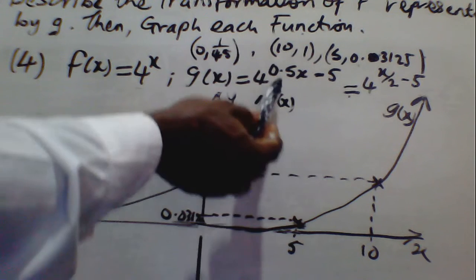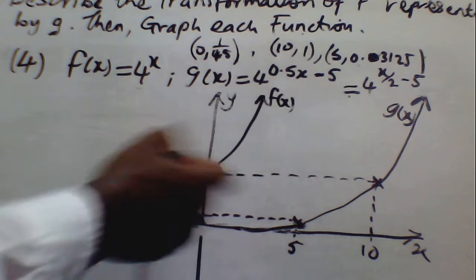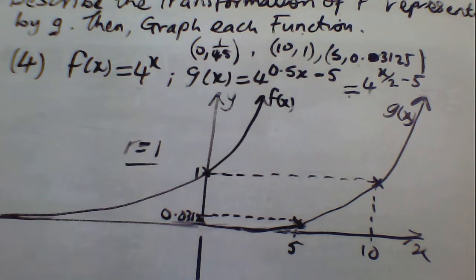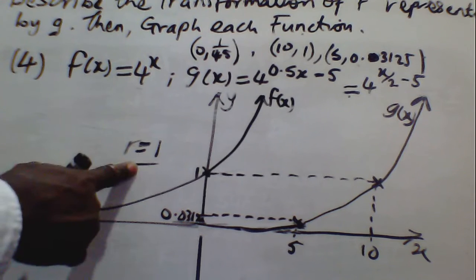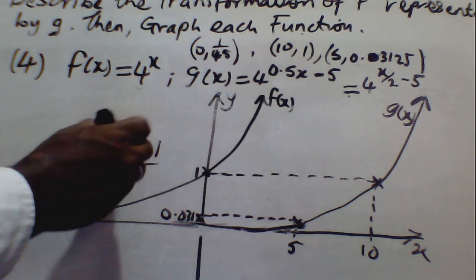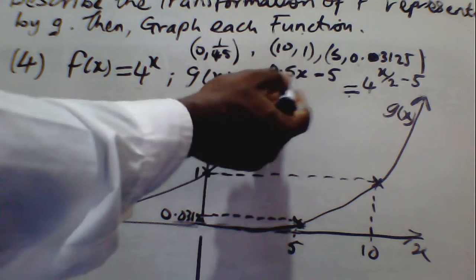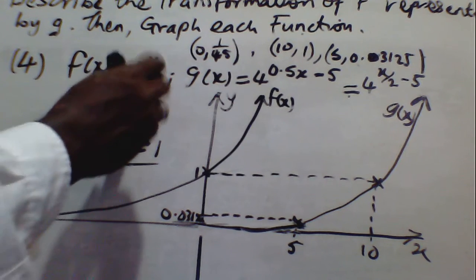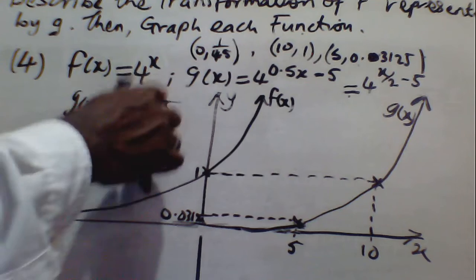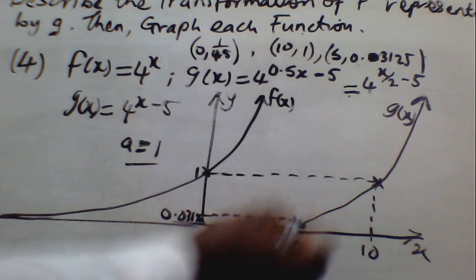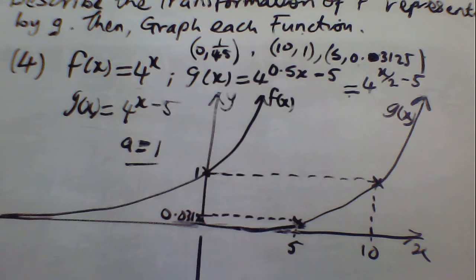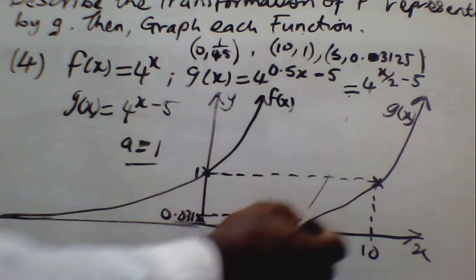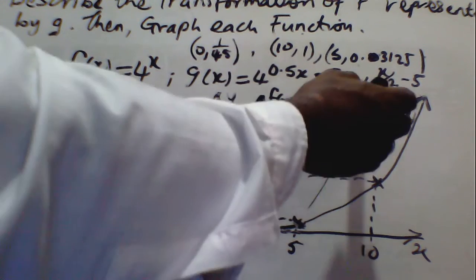If you notice, because this is a 0.5, notice that if a is equal to 1, that is g of x equals 4 raised to the power s minus 5, the curve will start exactly from here, somewhere here, because we are told it is 5 units to the right.